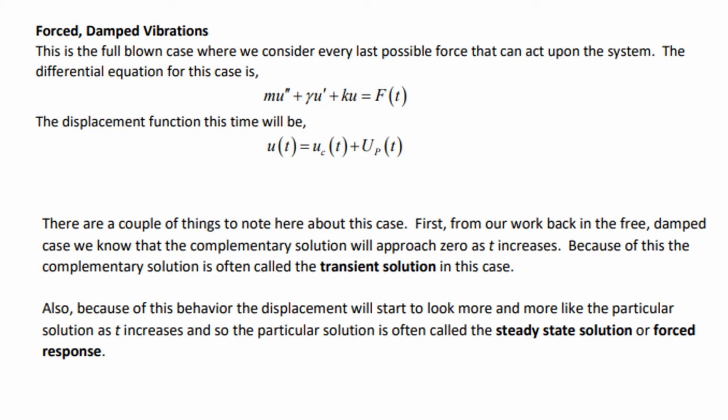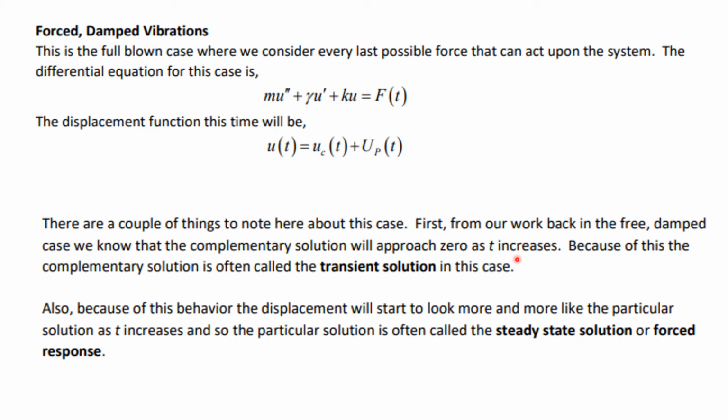So we're going to introduce damping to the equation. And the displacement function is going to be the complementary solution plus the particular solution associated with this right-hand side. Now, there are a couple things we should say from a terminology point of view. We remember from our work earlier about free damped cases that the complementary solution will approach 0 as t increases.